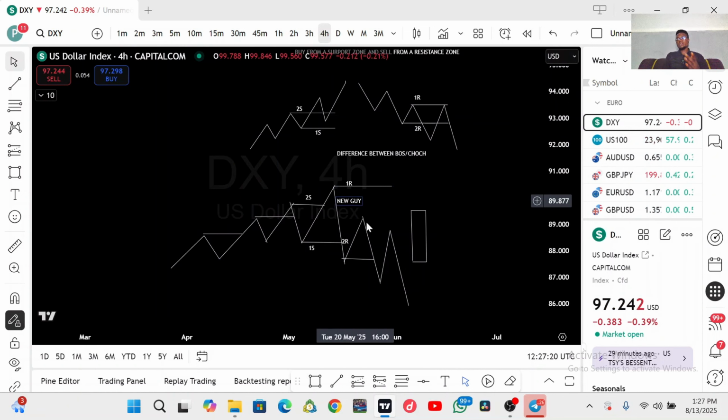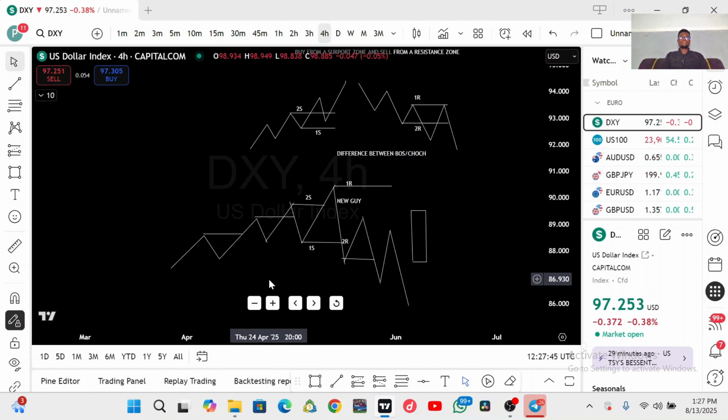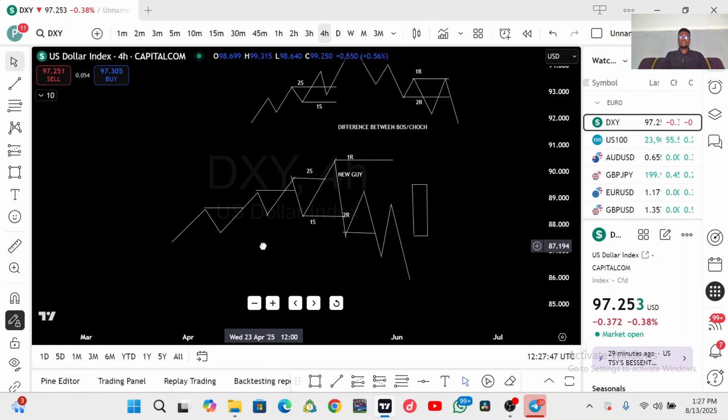Now the character of the market is a downtrend. So when price moves from uptrend to downtrend, the downtrend now is the change of character, taking out the previous or the protected low, then creating also break of structure. Then you confirm that yes, this is a change of character.